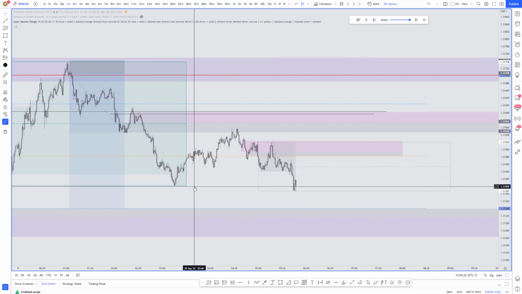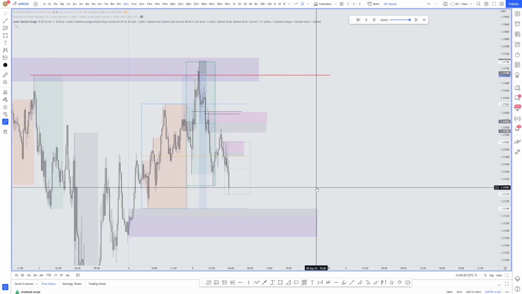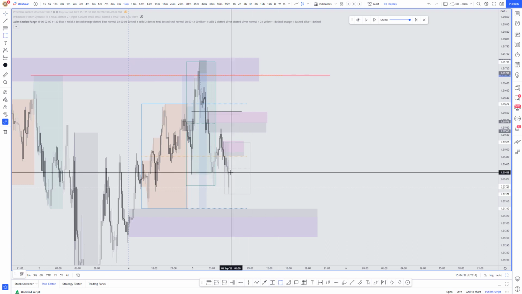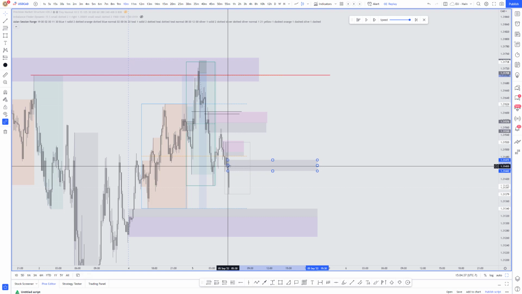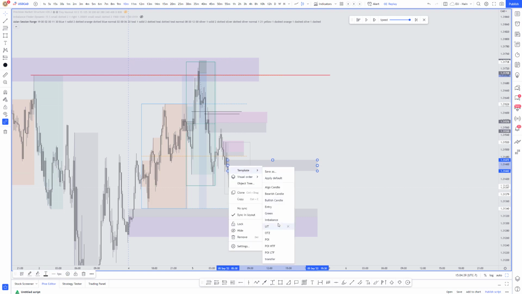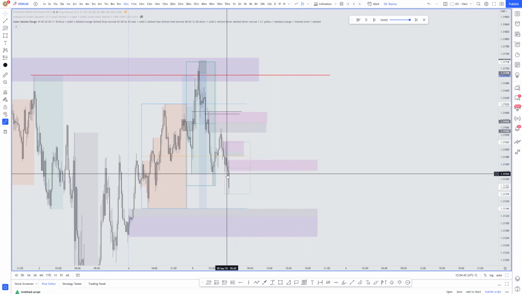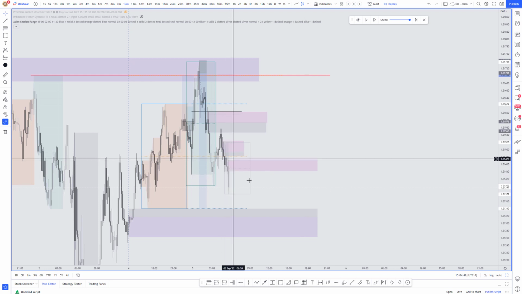All right, so you break London here. And to me, I would say something in this wick did it. So wicks are again imbalance and POIs we like. You could even pull the bottom of the wick too if you want, but this is where my sell to buy happened.